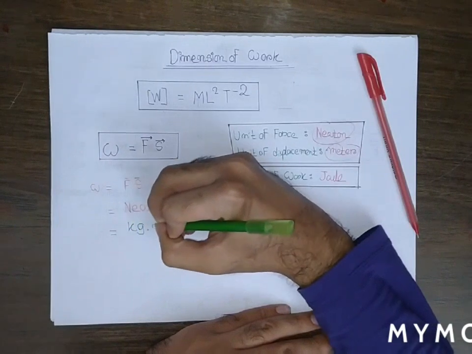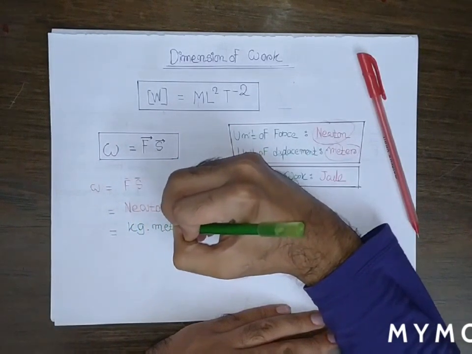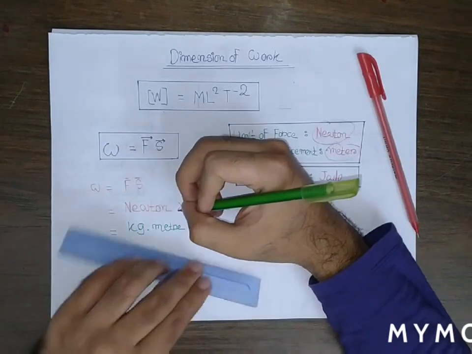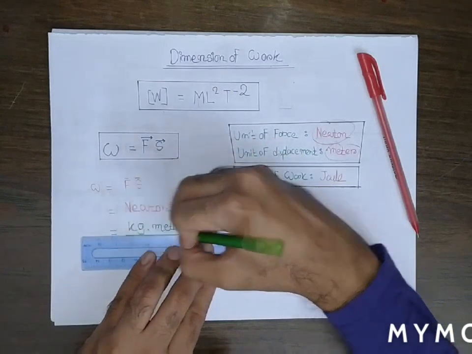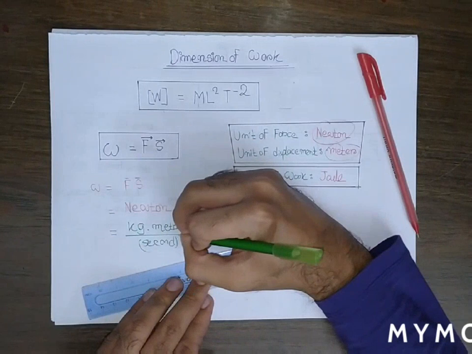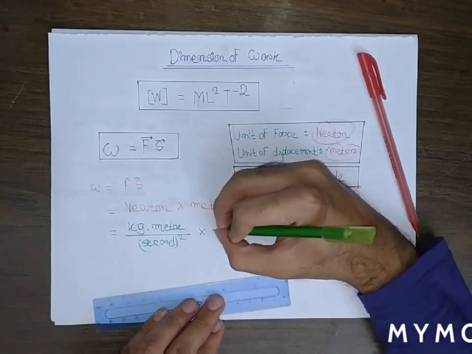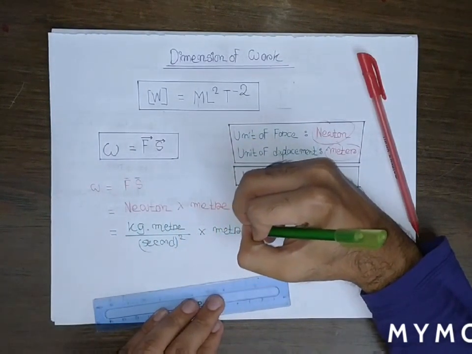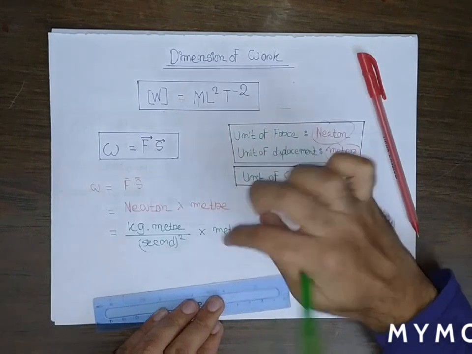Kg meter per second square, it's equals to Newton into meter. The same meter here.